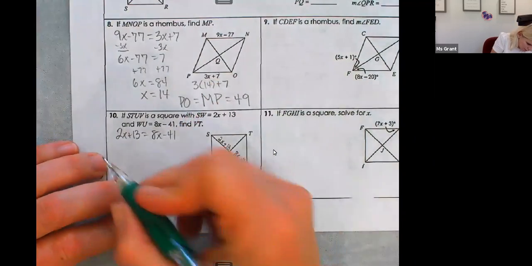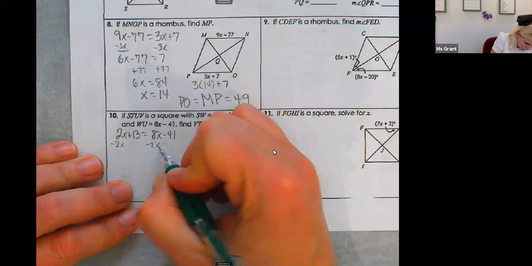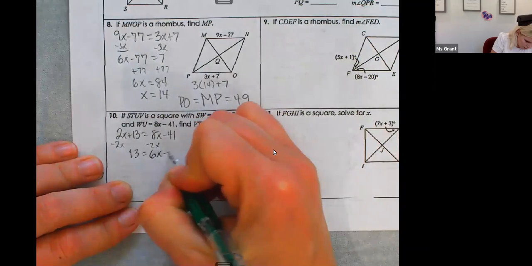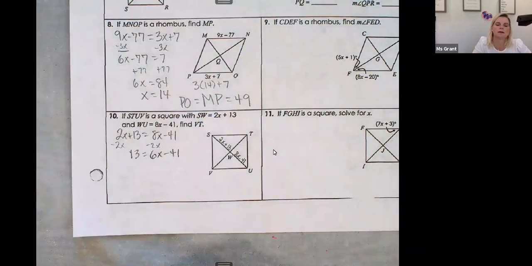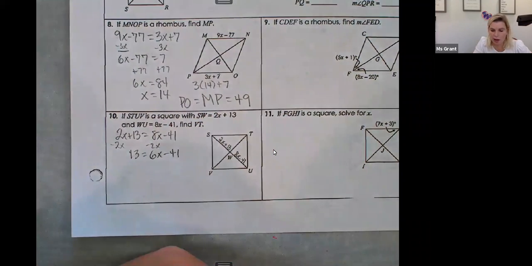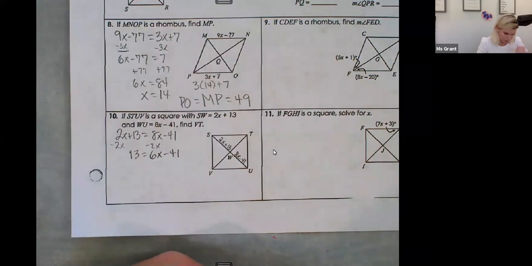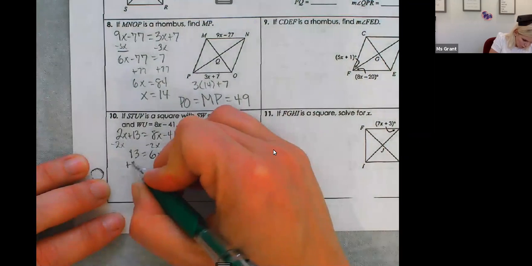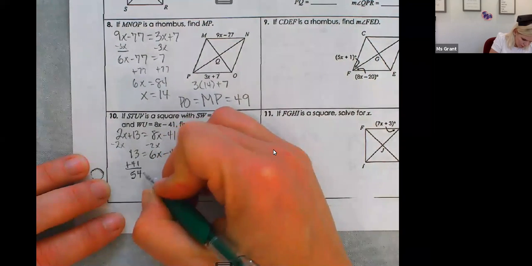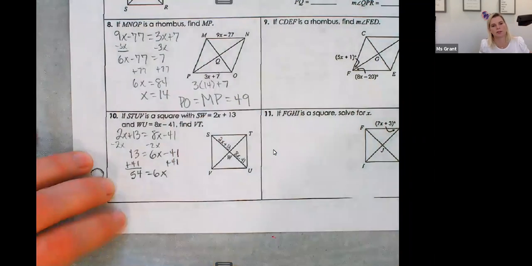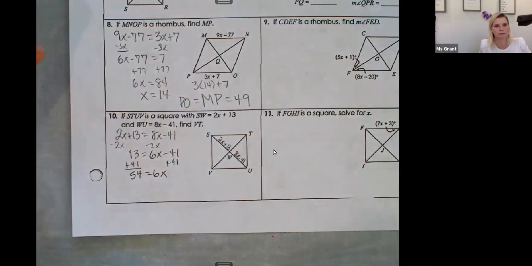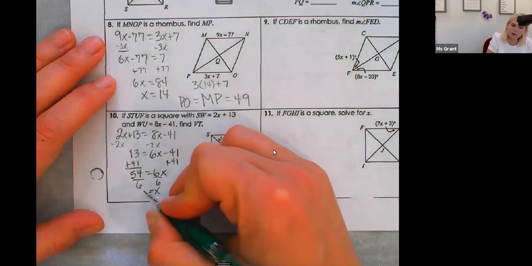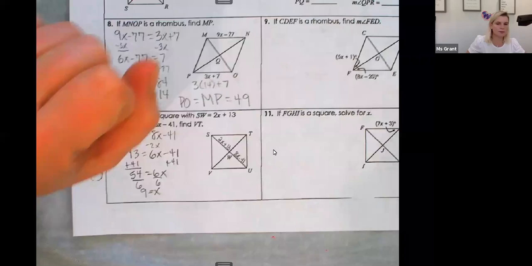And then you just subtract. 6x minus 41 equals 13... I hope solving a two-step equation is super easy for you. We would be in a world of hurt if you guys were having trouble solving two-step equations in algebra 2, right? Or in geometry. Sorry, I teach algebra 2, and so it's like, am I in algebra 2 or am I in geometry? Anyhow, x equals 9.